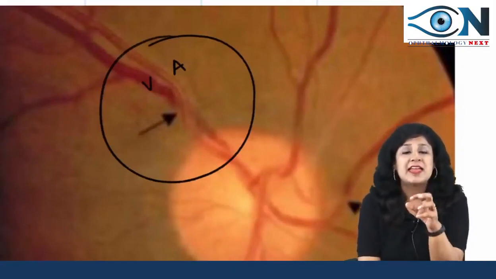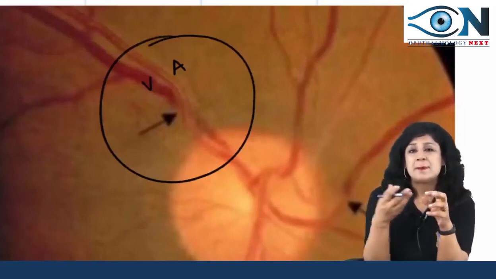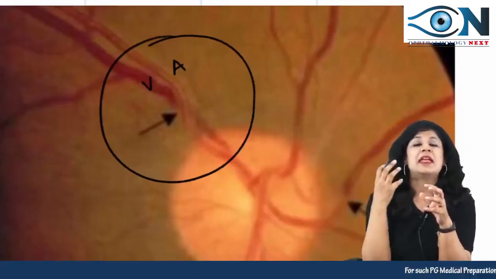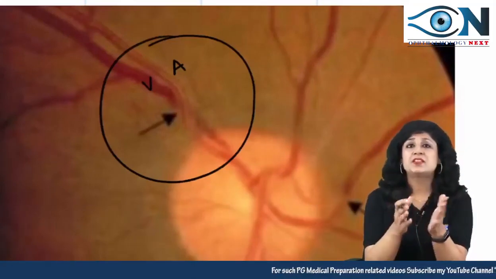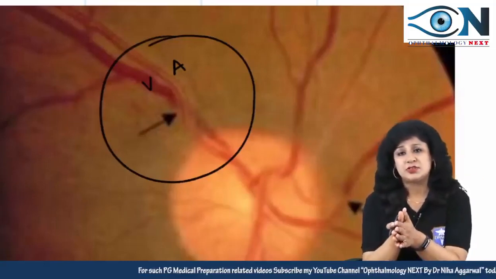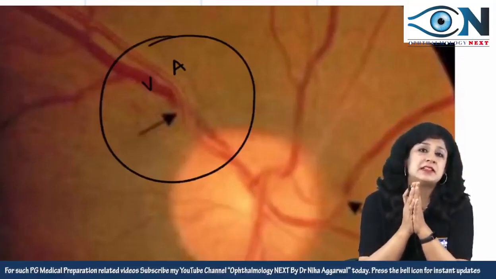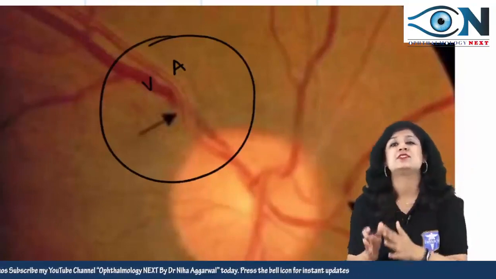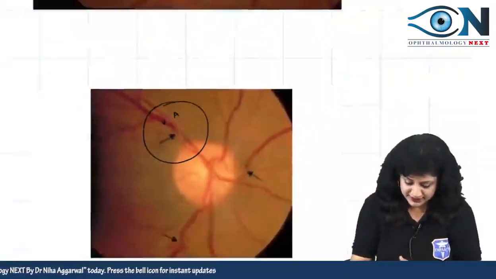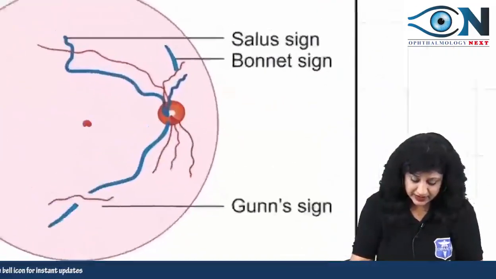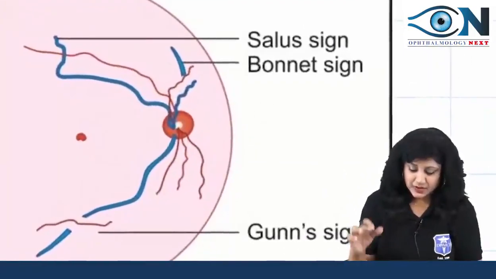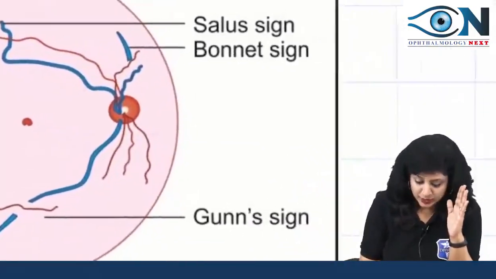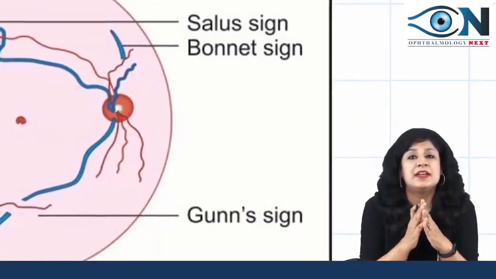So, when we are getting the tapering of the veins, tapering means deflection. If I am getting the deflection of these veins with respect to these AV crossings, then we have got the different signs of hypertensive retinopathy. For example, let us take this one. If you see, we have got three important signs in hypertensive retinopathy.